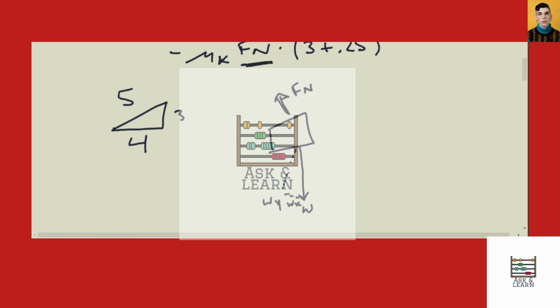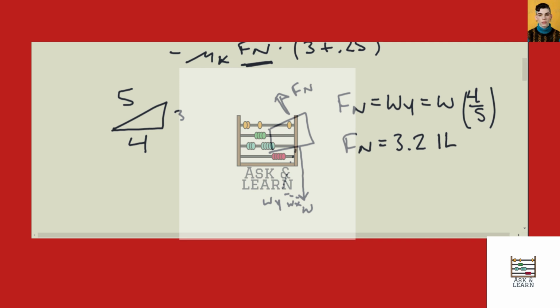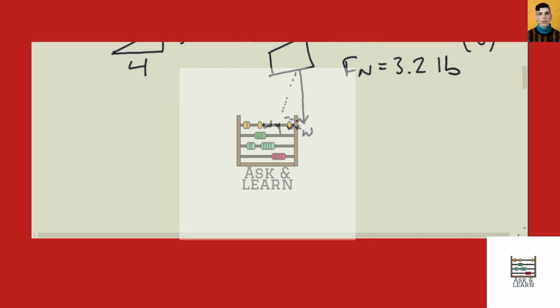So from this diagram, we have Fn is equal to Wy, which is W from the triangle times the ratio 4/5. So if you plug in for W, for the normal force Fn, we get 3.2 pounds. And the weight in the x direction, we have W, and from the triangle times the ratio 4/5.